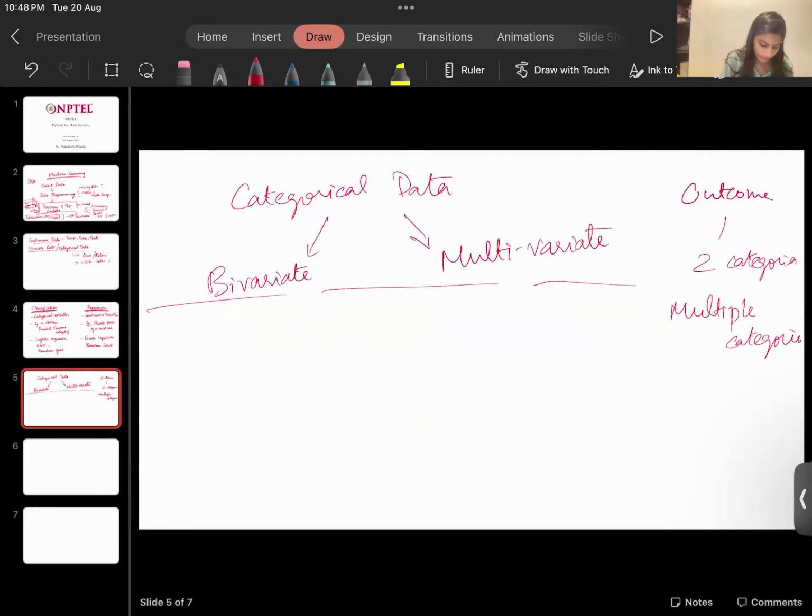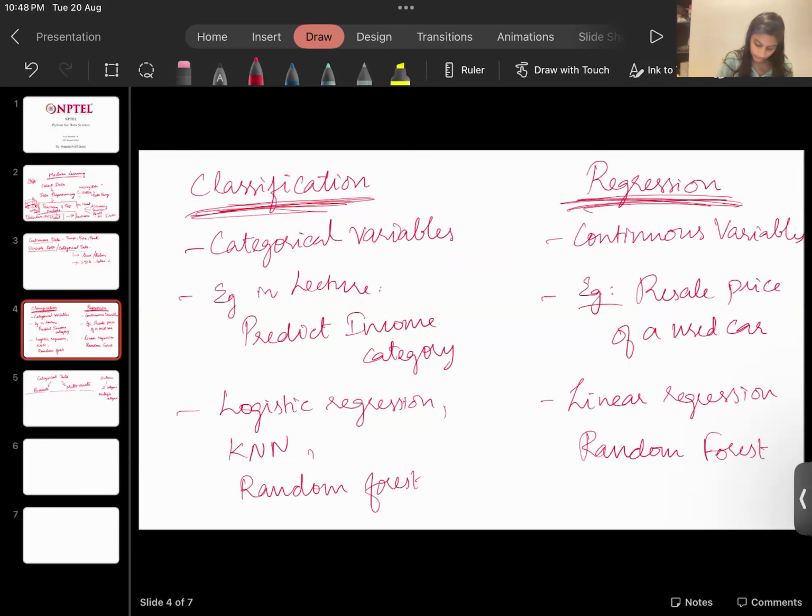Linear regression is basically used for numerical values, continuous data, and the relationship is linear. That's why it's called linear regression. It could be either like this or like this.